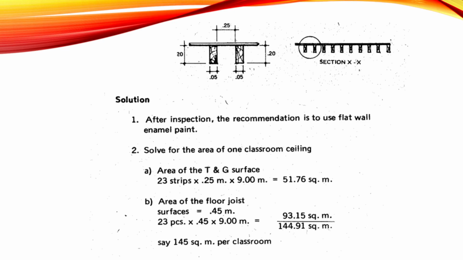So the area of one classroom ceiling is area of the T&G surface plus area of the floor joist, that is 51.76 square meter plus 93.15 square meter equals 144.91 square meter, or say 145 square meter per classroom.